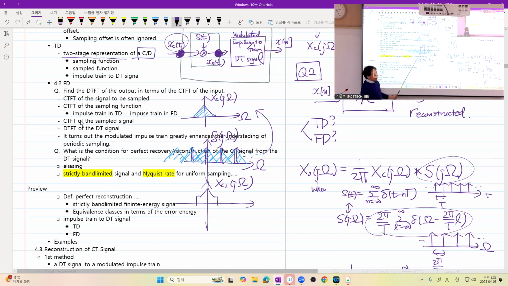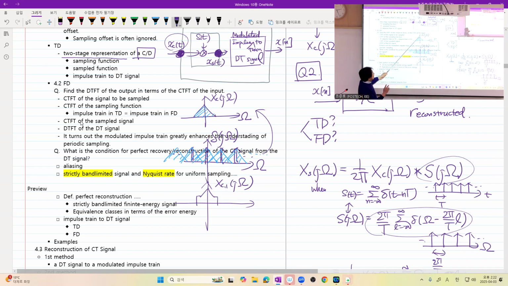So from the spectrum of the sampled signal, sometimes, not always, you are not sure what the spectrum of the original signal was, as this shows.